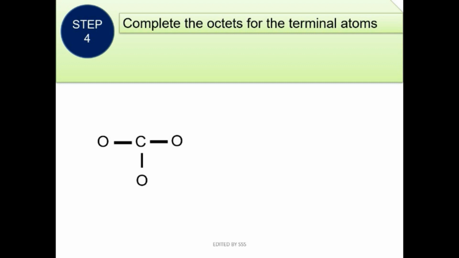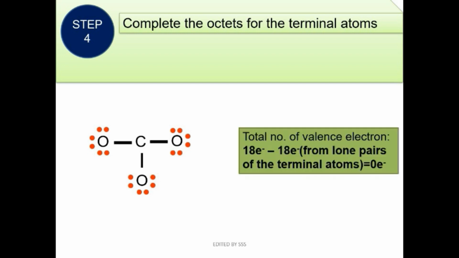Step 4. Complete the octets for the terminal atoms. By using the remaining 18 electrons, add 6 electrons to each oxygen to make them octet. And now no more electrons left. Is the structure complete?